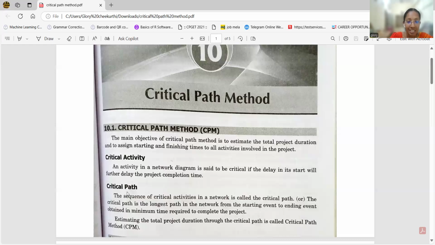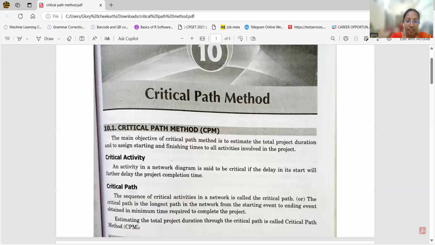Next one, the critical path method. In this method, we go through the project in sequence order. We have to find which activities take the maximum time to complete. This sequence of critical activities in a network is called the critical path.